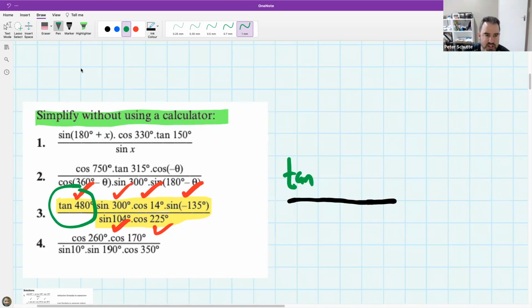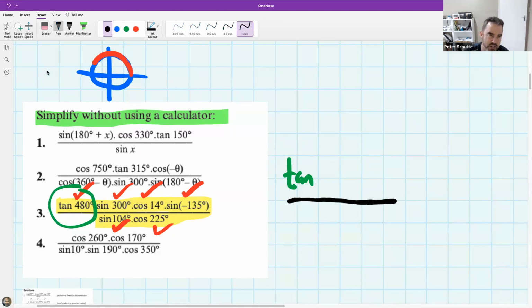How would we handle tan of 480? Visually, I need to go all the way around the circle and then go a bit more. I actually need to go 120 more, so I'd be in that quadrant. Careful, it's actually not what's the nearest horizontal.